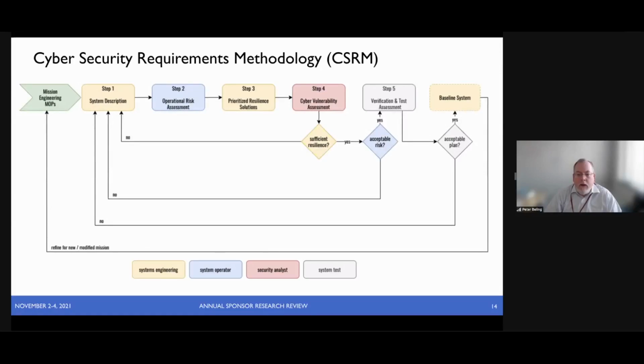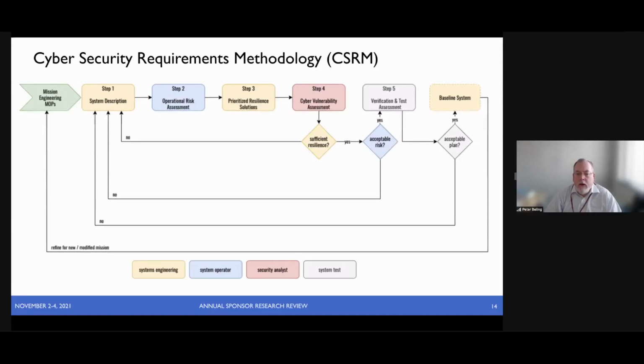But I think you can catch the nature of the methodology from the figure here: we're engaging the blue team, the colored blue box, in an operational risk assessment. We may feed them tools and system descriptions produced by the systems engineers. Those are the gold boxes.